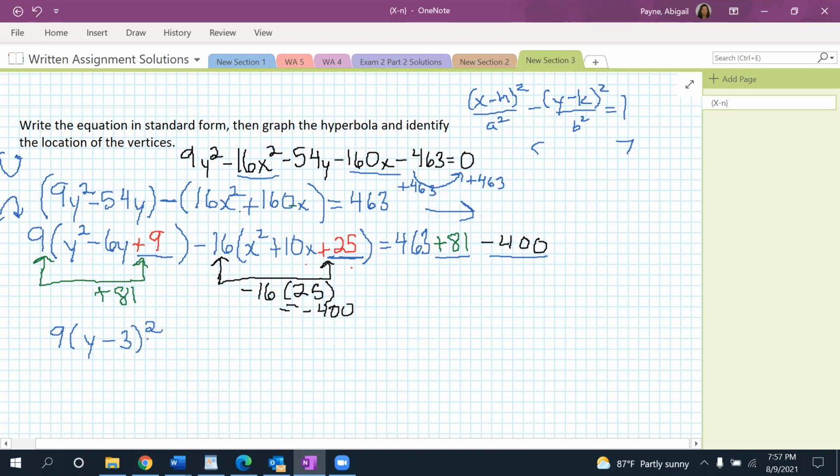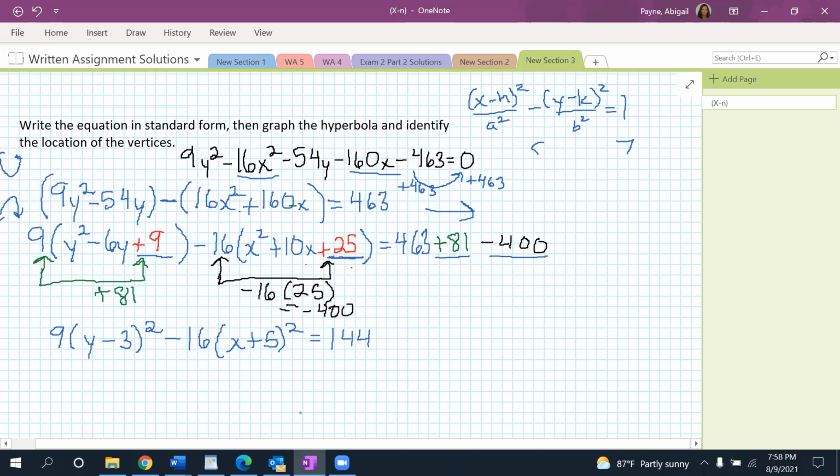So this is y minus 3 squared. There's your perfect square. Same thing here, x squared plus 10x plus 25 factors as x plus 5 times x plus 5, so x plus 5 squared. Equals, when we combine everything over here, 463 minus 400 is 63, plus 81 is 144.